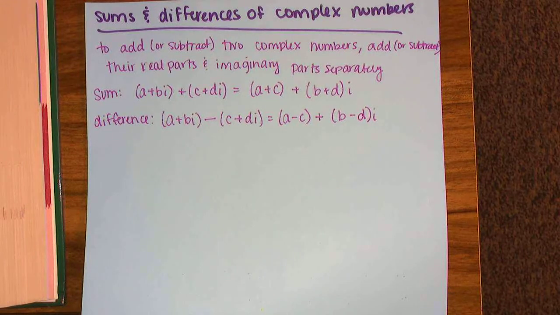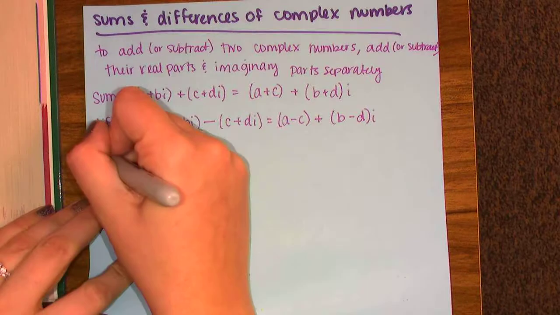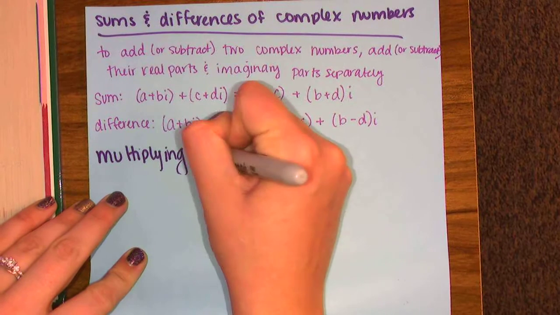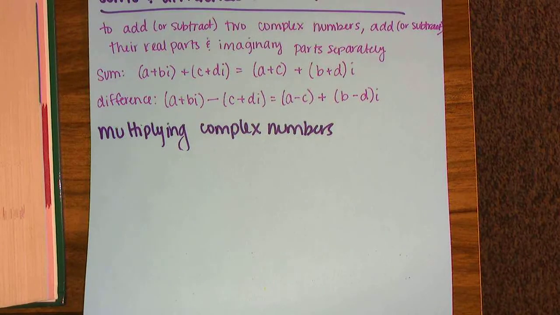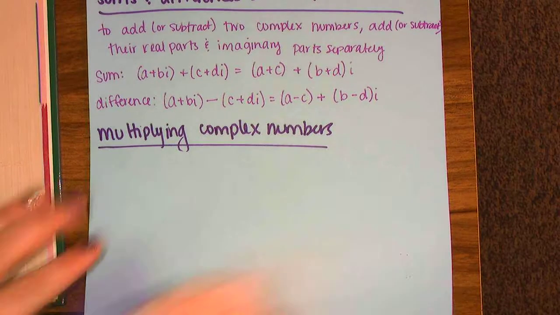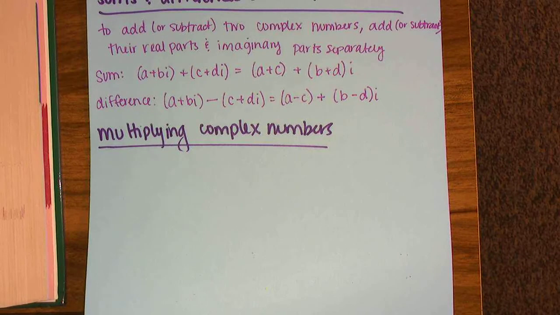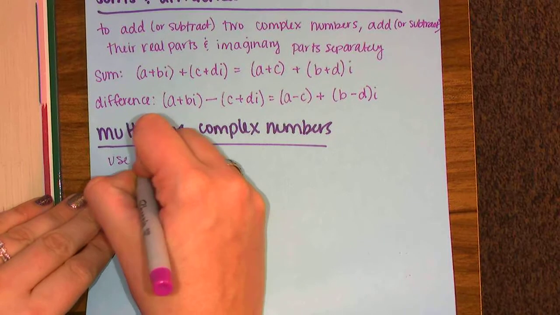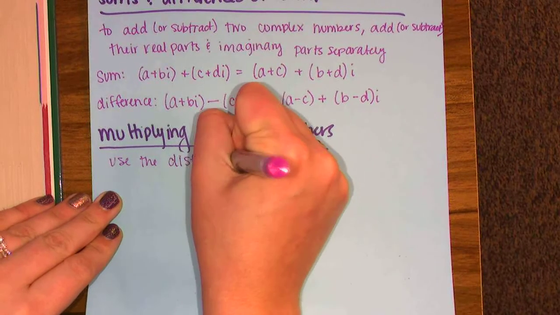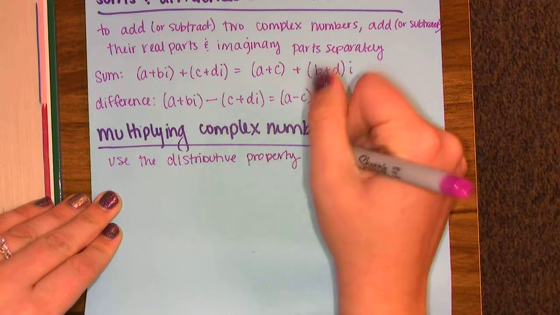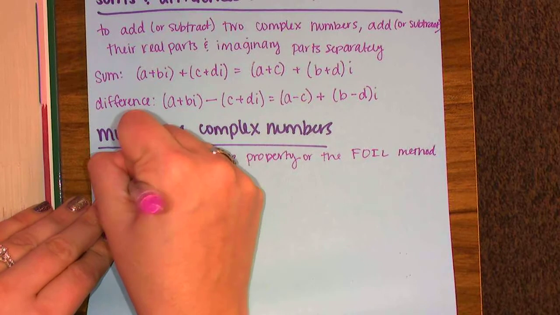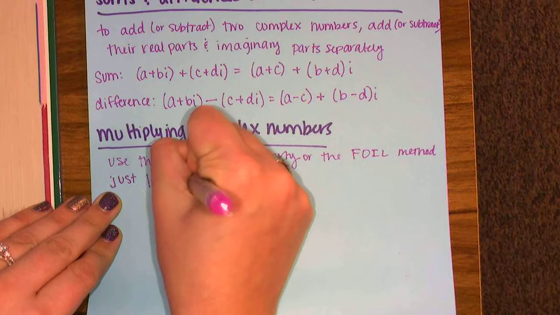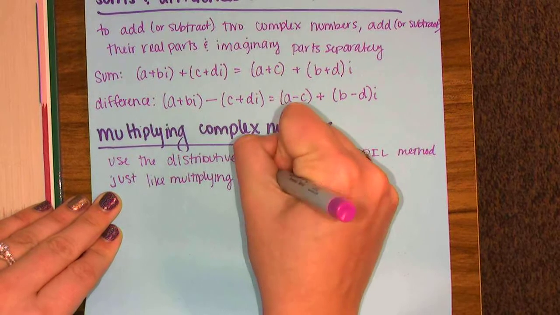Multiplying complex numbers. If we're multiplying complex numbers, we are going to use the distributive property or the FOIL method, just like multiplying real numbers.